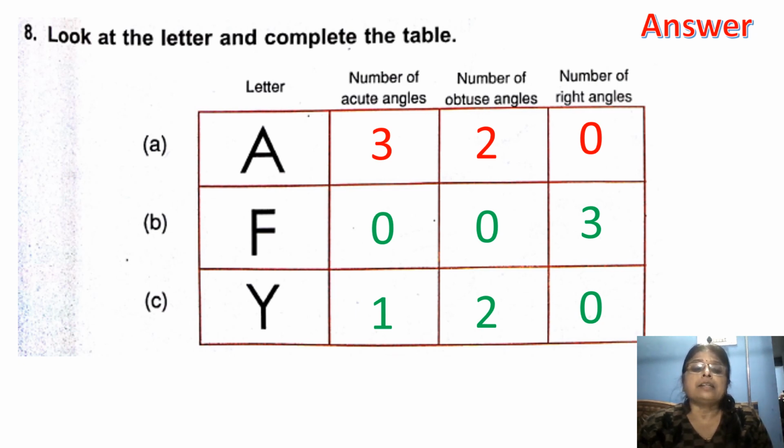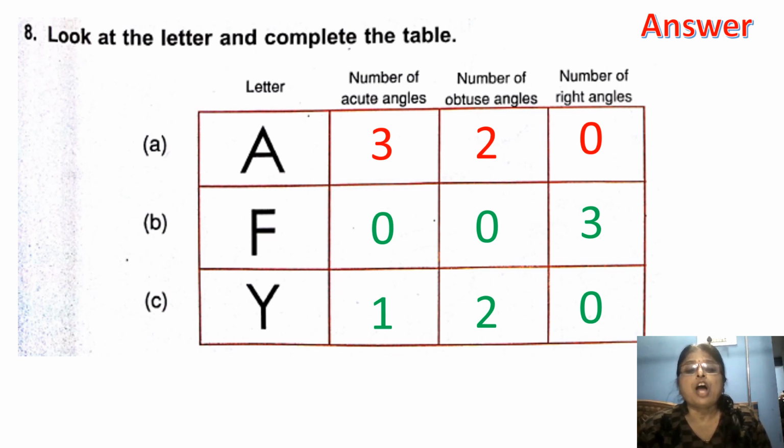You can see that 3 acute angles are there because you are seeing a small triangle in letter A, and all its angles are acute. And the number of obtuse angles: on the outer side there are two obtuse angles, and no right angle is present here.